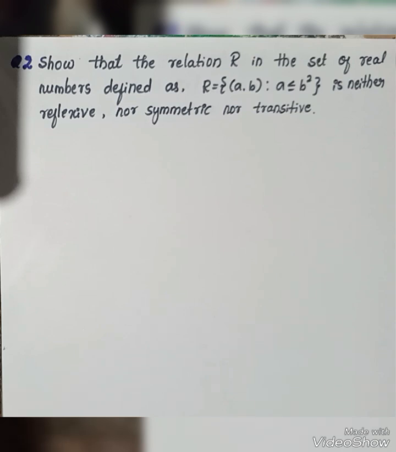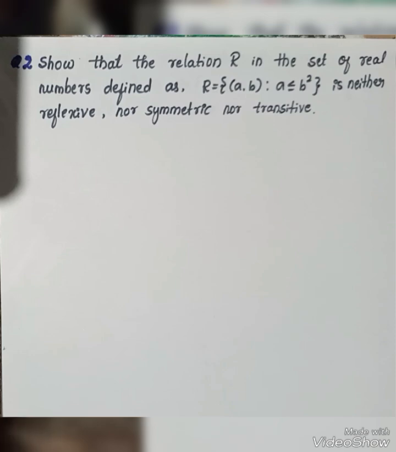In that exercise, the second question: show that the relation R in the set of real numbers, defined as R equals (A, B) such that A is less than or equal to B square, is neither reflexive, nor symmetric, nor transitive.